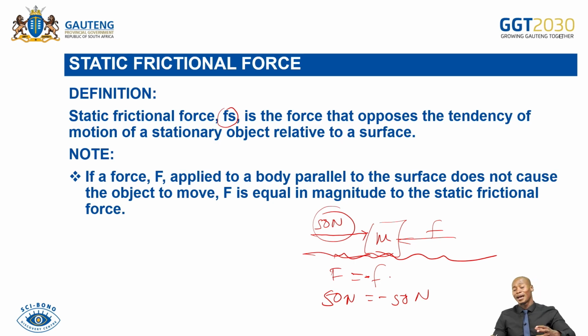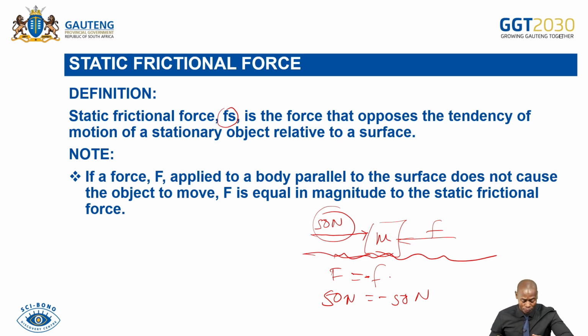So if you apply a force of 50 newtons and the object does not move on a rough surface, you should know that the force being applied is equal to the static frictional force. Very, very important. So you can increase this to 60, and if again the object does not move, then it means that the frictional force is also 60 newtons.